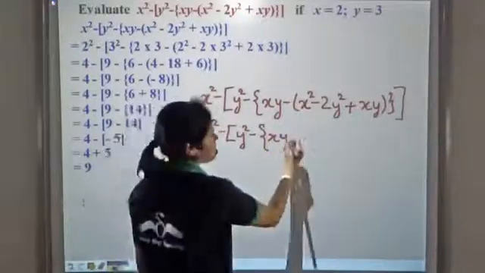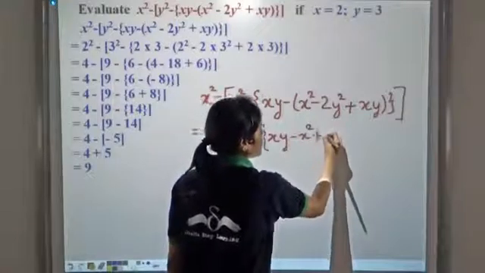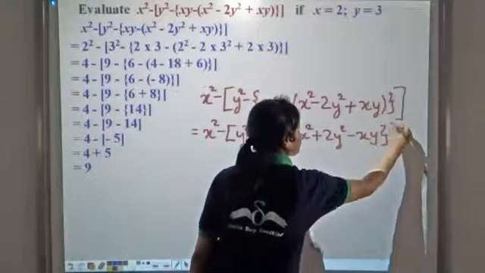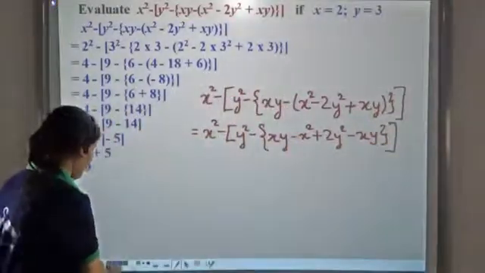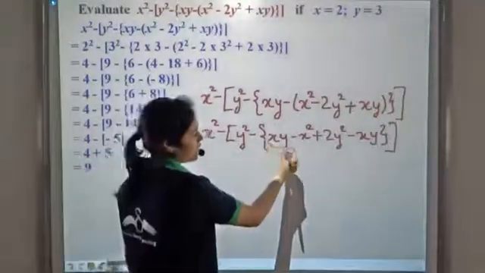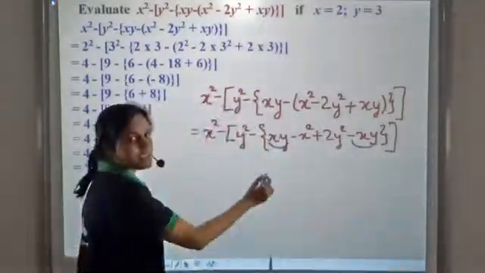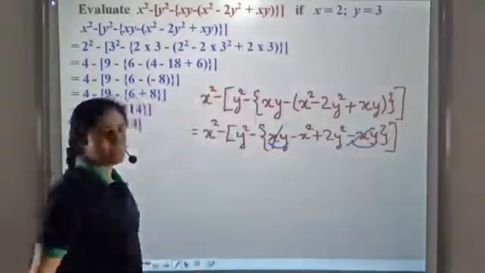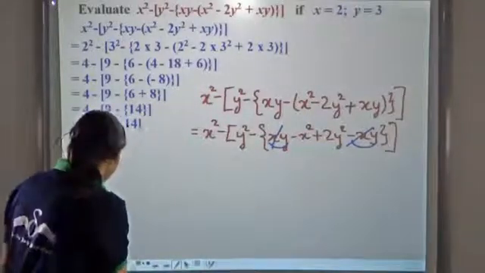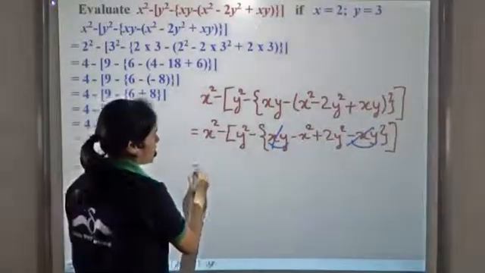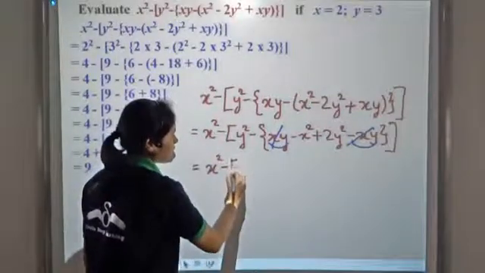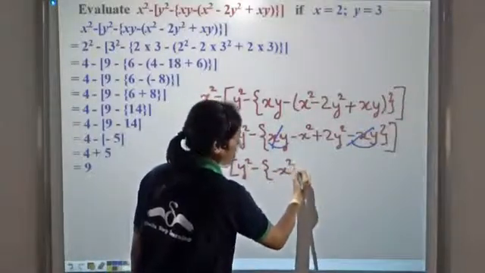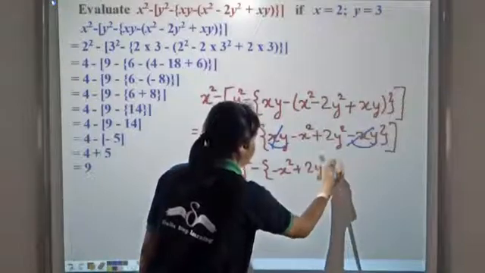We open this bracket, we get minus x square plus 2y square minus xy. Now this xy and this xy, this is plus xy, this is minus xy. So they get cancelled. So we cancel out these. We get x square minus y square minus negative x square plus 2y square.